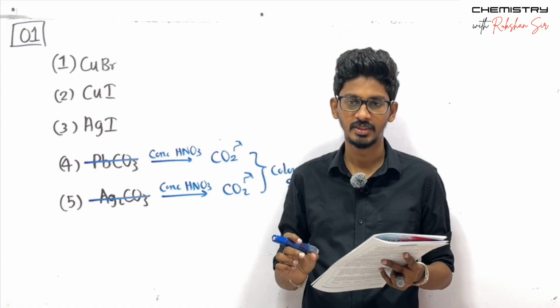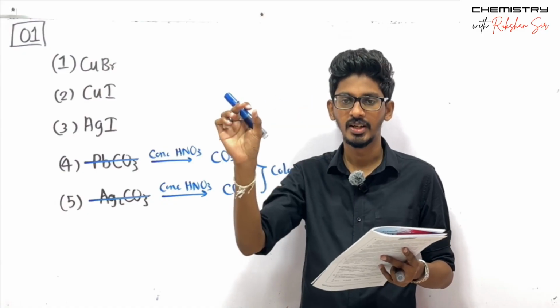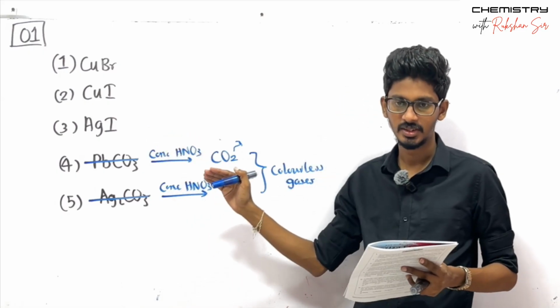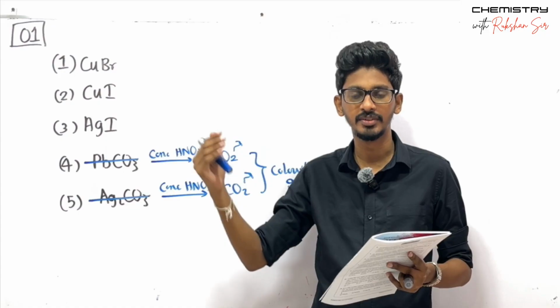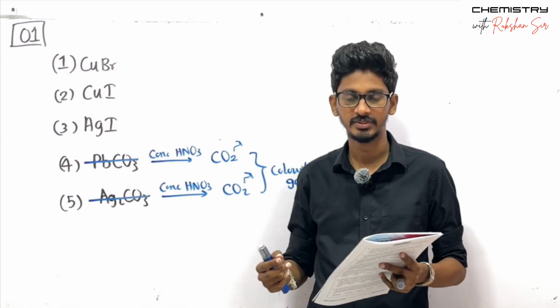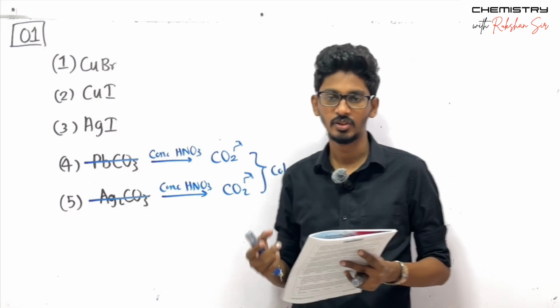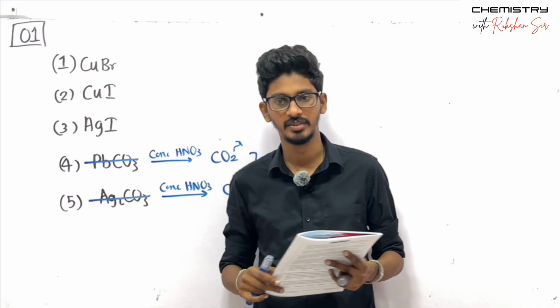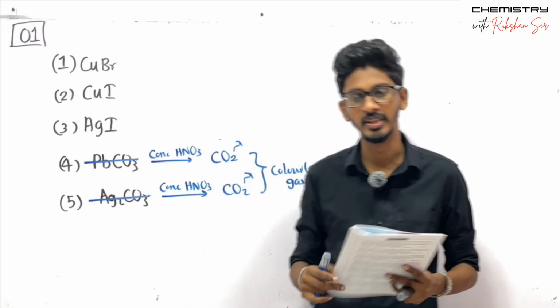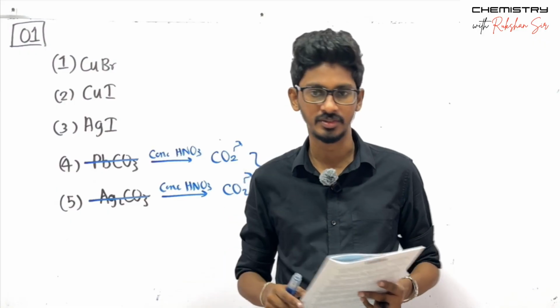First, read the first statement and eliminate the impossibles. Then go through the second statement and eliminate the impossibles out of the remaining. Like that, when you read two or three statements, there will be only one thing remaining. That will be the answer.